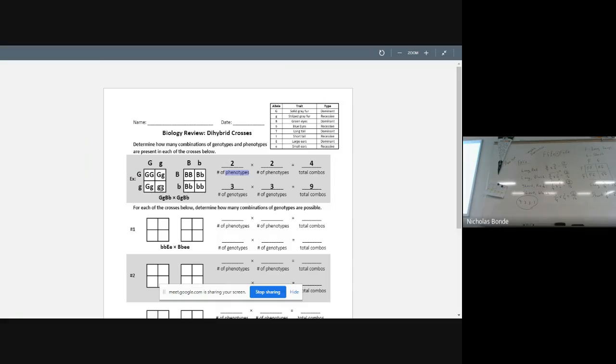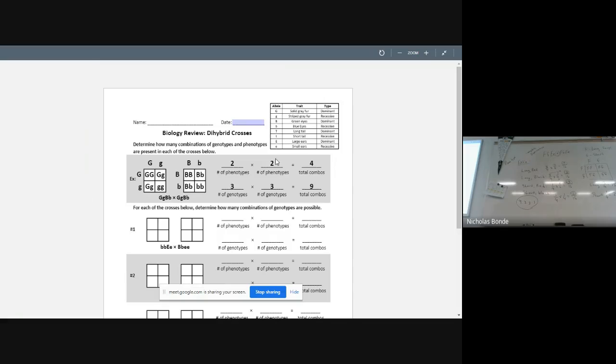So if we look at this Punnett square right here, after we filled it out, right, we combined the G's. It was capital G, lowercase g, lowercase g, and we crossed them, okay? How many possible phenotypes do we have? We have 1, which is solid gray fur, okay? And we've got another phenotype, which is lowercase g, which is striped fur. Okay, so there's 2 in this Punnett square.